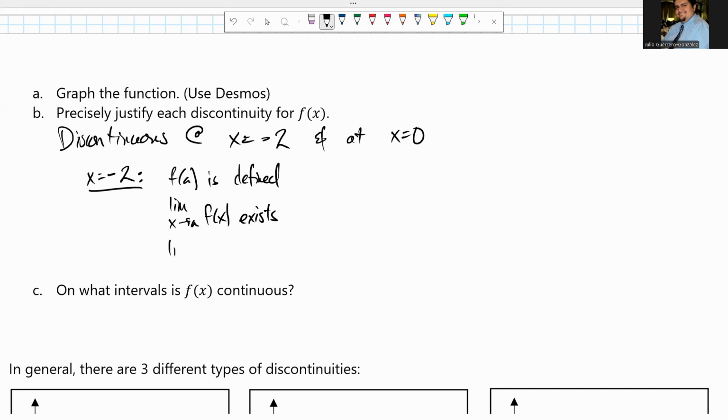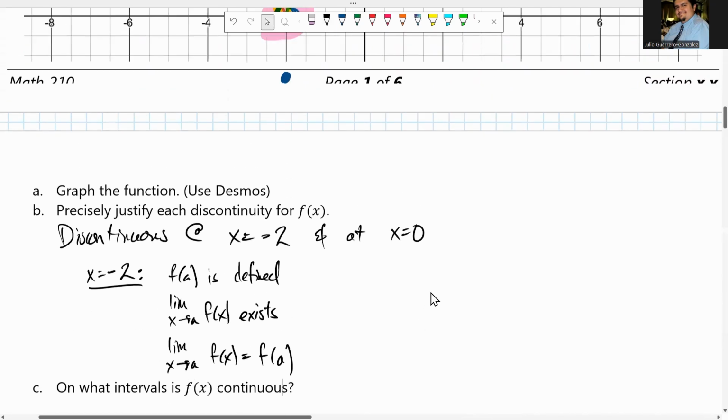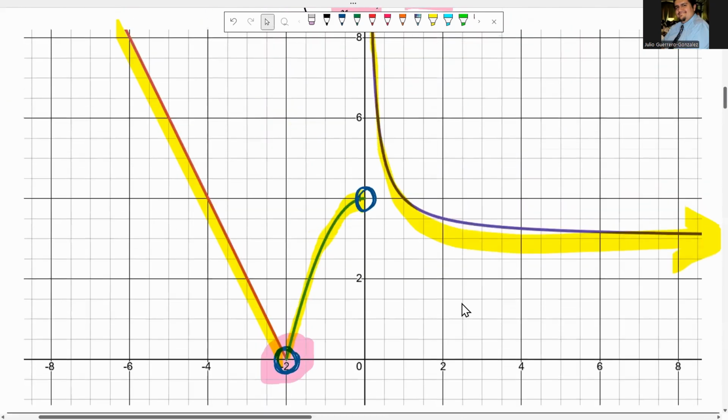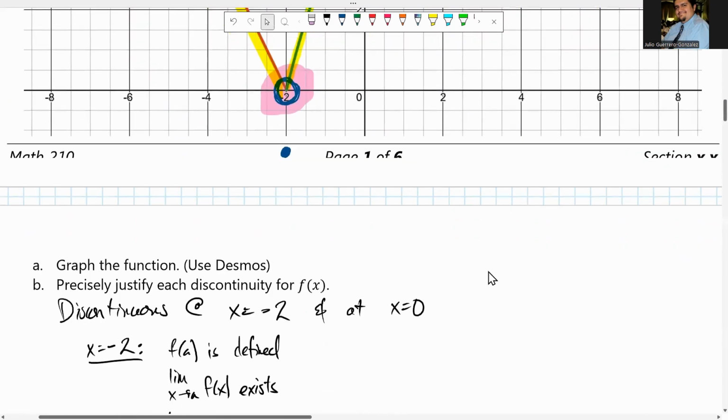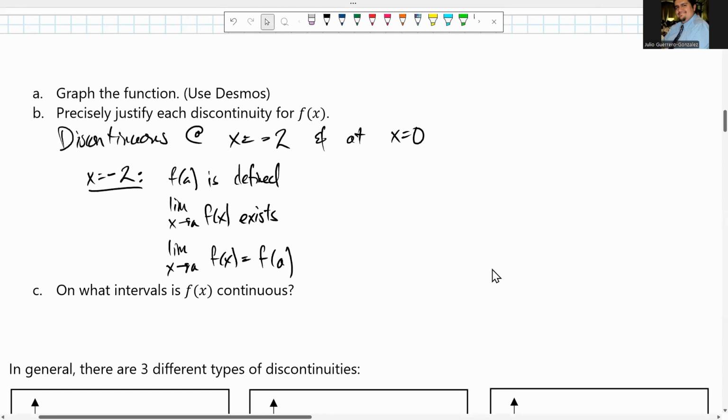And three, the limit as x approaches a of f(x) has to equal f(a). These were the three conditions in order for something to be continuous. Since we can see it is discontinuous because we have to pick up our pencil, it's got to violate one of these three things.